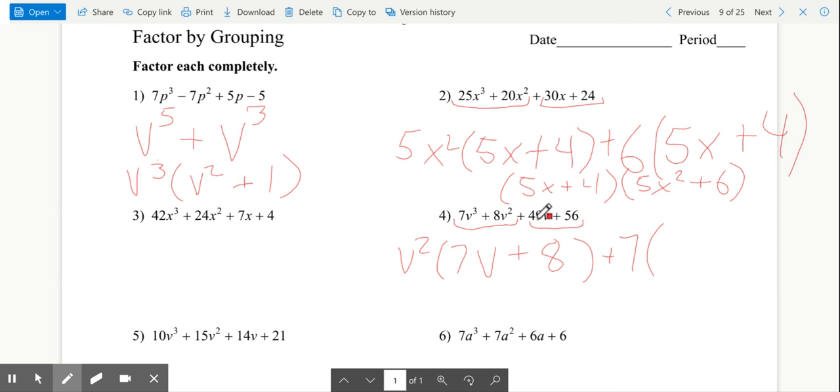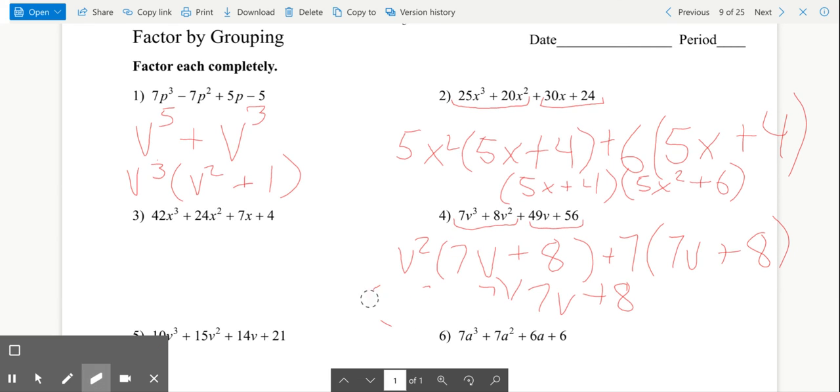So if I divide this by 7, I'm going to get 7v. If I divide 56 by 7, I'm going to get 8. So again, my parentheses are the same, so I've done this correctly. So I get v squared plus 7v plus 8. Oh, that's the opposite order than I did it last time.